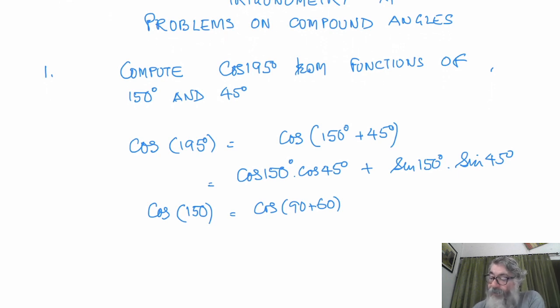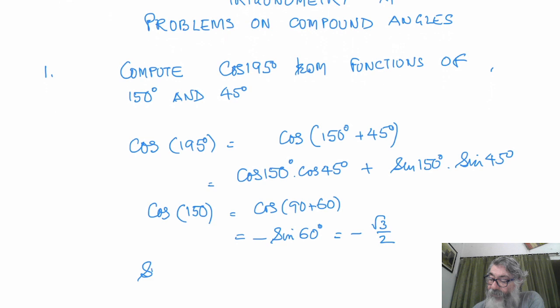So cos 90 plus theta will become what? In the second quadrant, cos is negative. Only sine and cosec are positive in the second quadrant. So it will become minus sine 60, and the value of sine 60, you know, is root 3 by 2, so minus root 3 by 2.